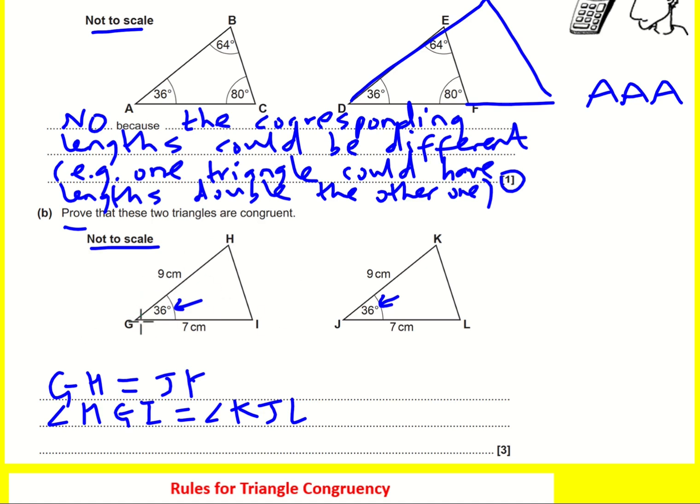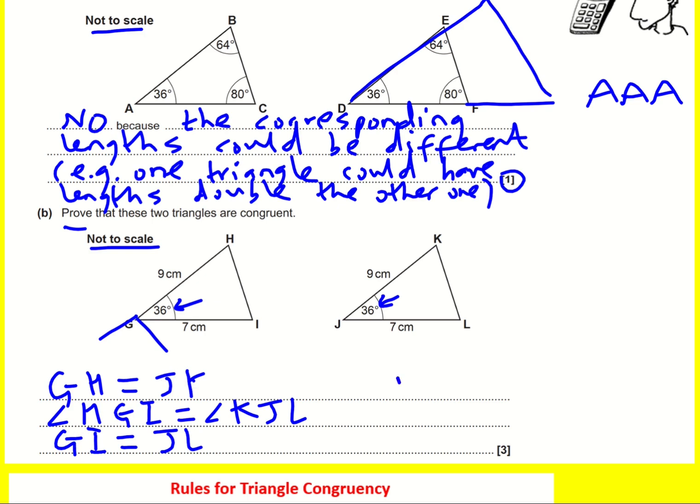Because I think it's clear in this case and you get away with it, but if I suddenly started having lines coming off, it's less clear what angle G is, but it would still be clear what angle HGI is. And then finally, we've got the side GI is equal to side JL. And I've done my 3 things that I need to.